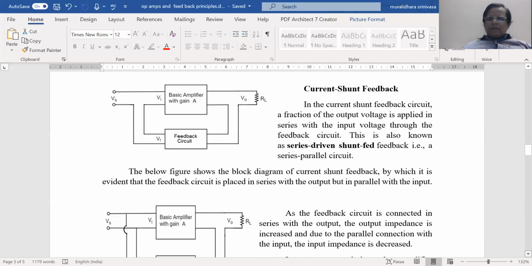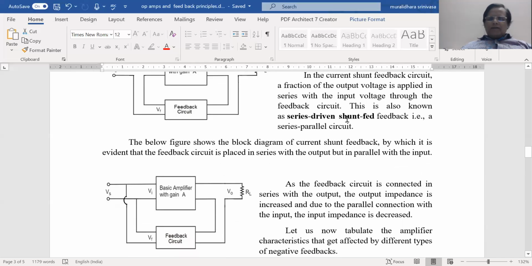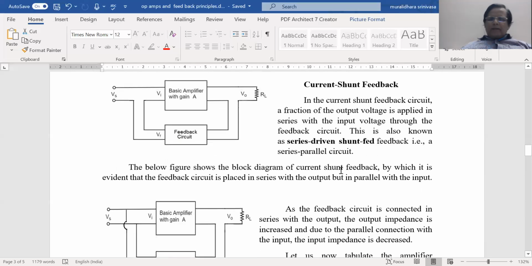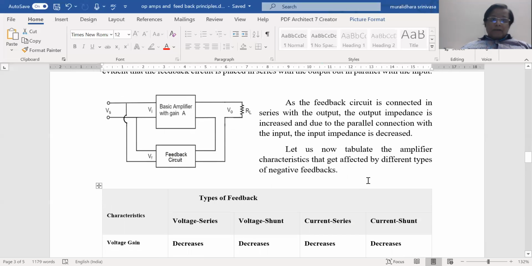So next we come to current shunt feedback, which is the fourth circuit. Actually, here it's a bit of a mismatch. In the current shunt feedback circuit, the output is applied in series with the input through a feedback network. This is a situation where we have tapped the output in series, but we have fed it in parallel.